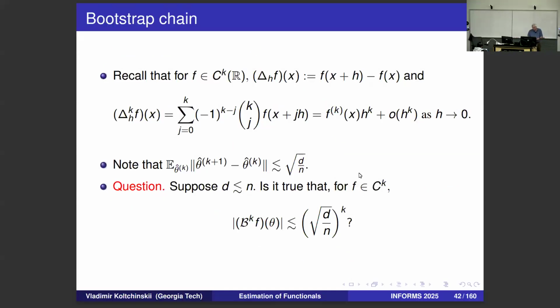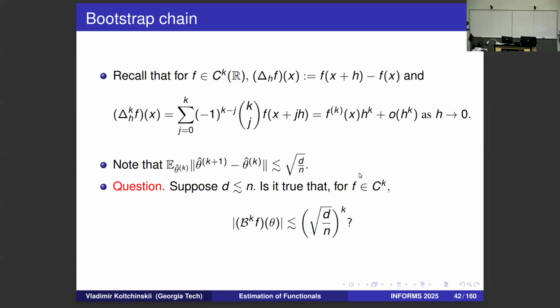Okay, now let's recall, I have to finish in 5 minutes, a very simple fact from classical calculus. If we take a k times differentiable function, we can define the first order difference operator Delta_h applied to f, which will be f(x plus h) minus f(x), a kind of discrete differentiation of our function.